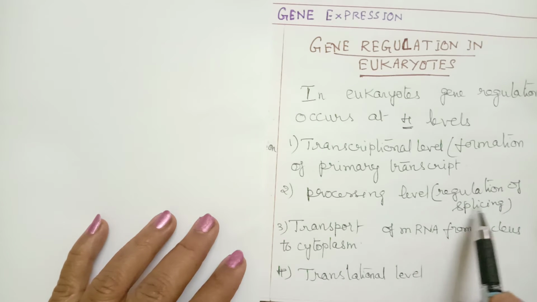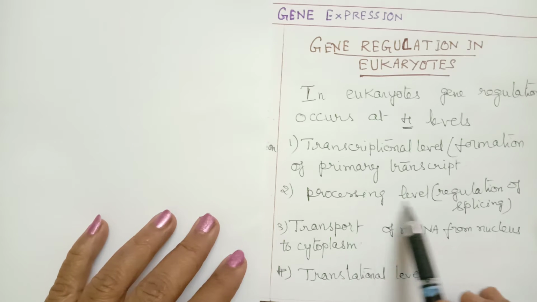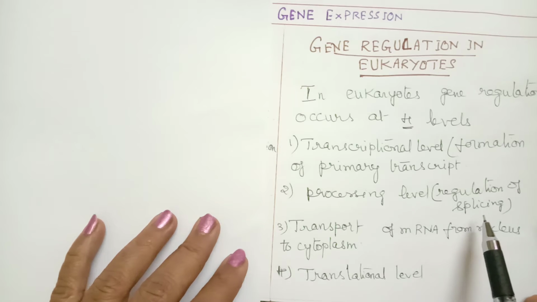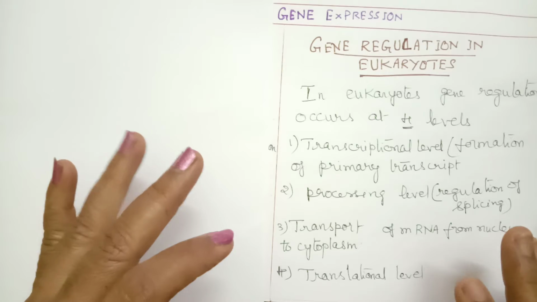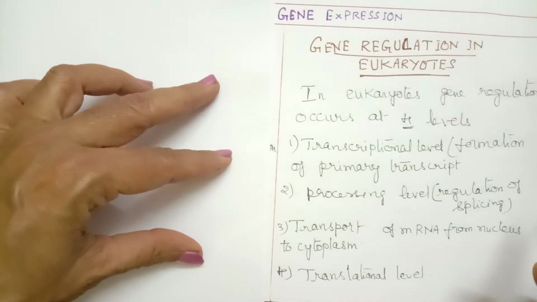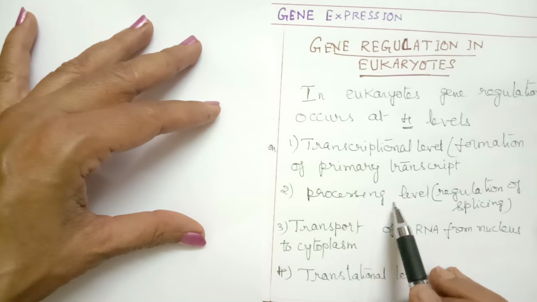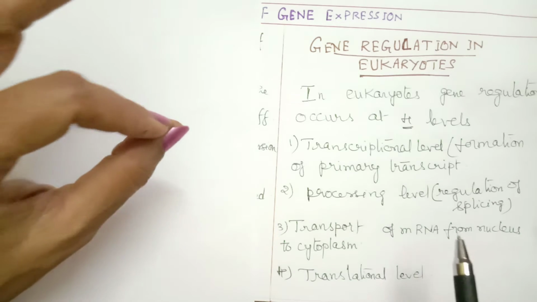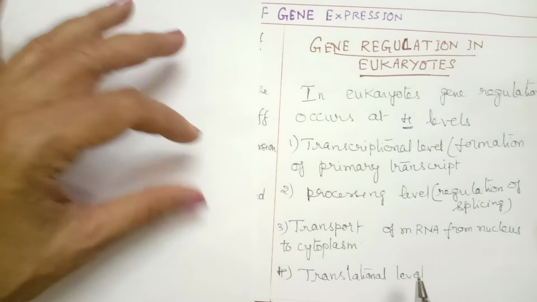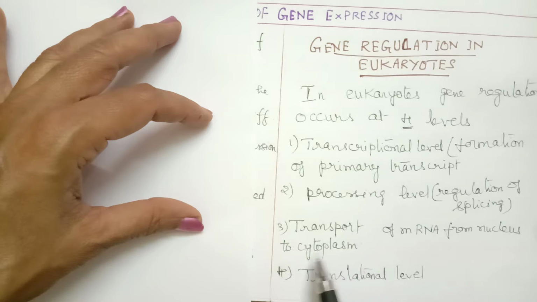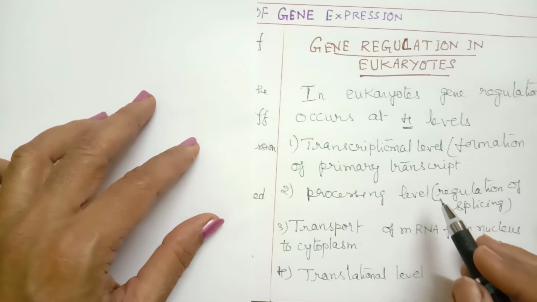Second one is the processing level, that is regulation of splicing. Splicing also is regulated. We discussed the mechanism by formation of spliceosomes. Suppose spliceosomes are not formed, then splicing cannot take place. That means there is a regulation, there is a control. Then transport of mRNA from nucleus to cytoplasm is another stage of controlling.